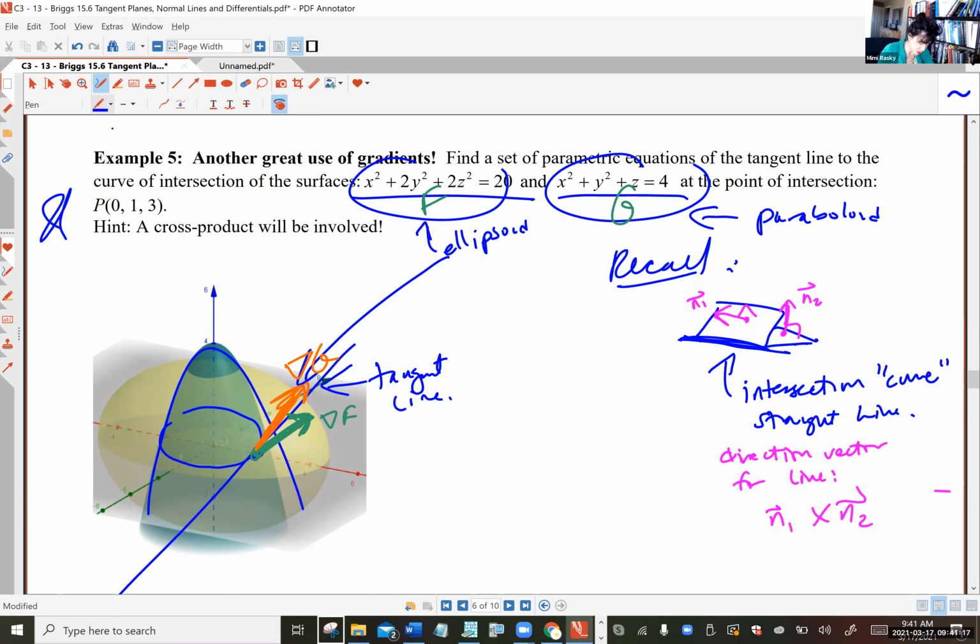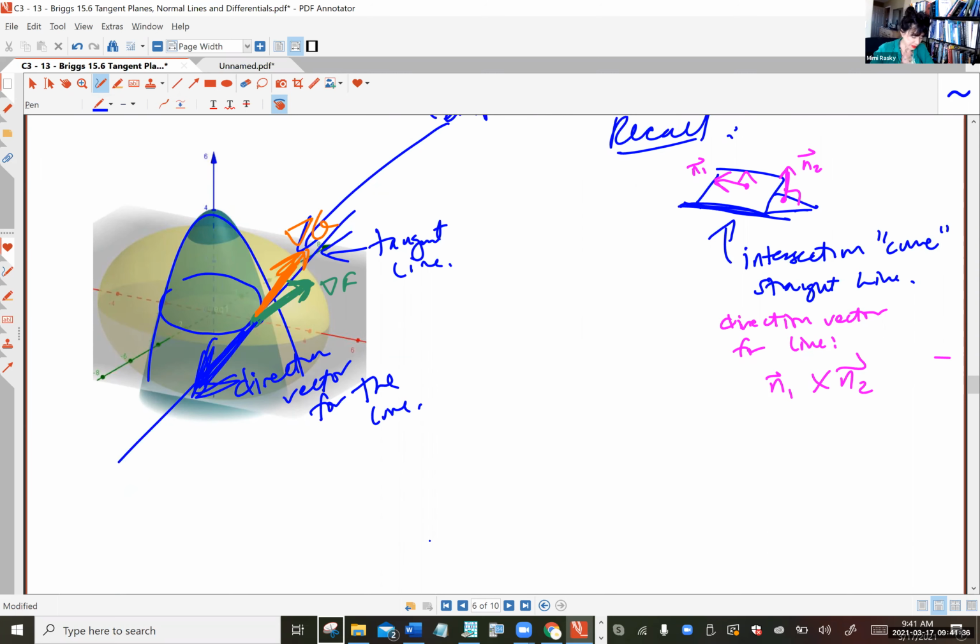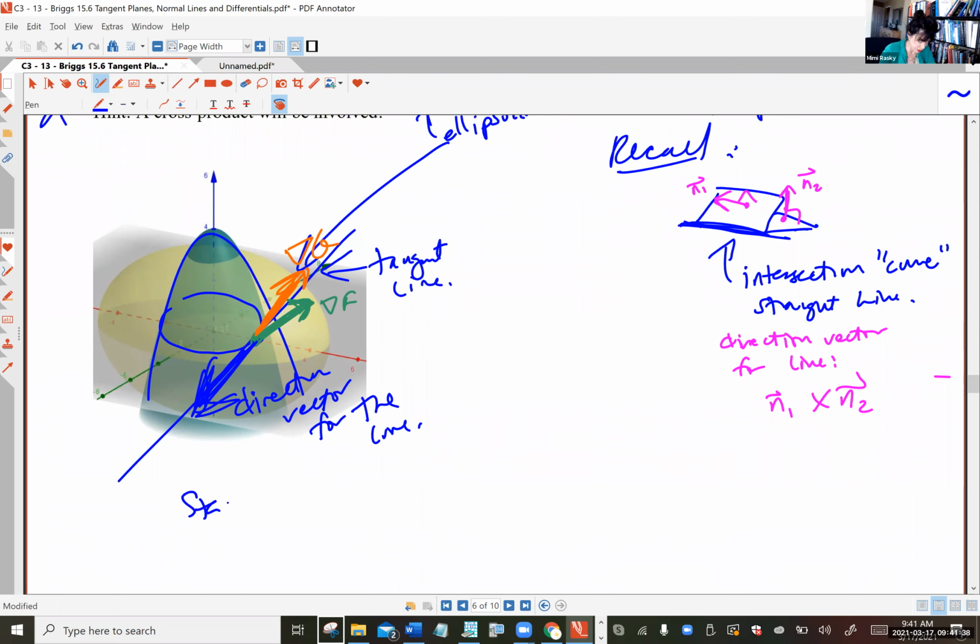And it's going to be a direction vector, this blue vector here, for the line that's tangent to the curve of intersection. Boom. That's basically what we're doing. Really? Yeah. Not that bad. So first up, we have to do our step 1, which is a rewrite.